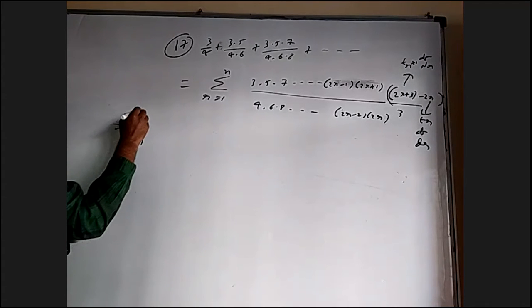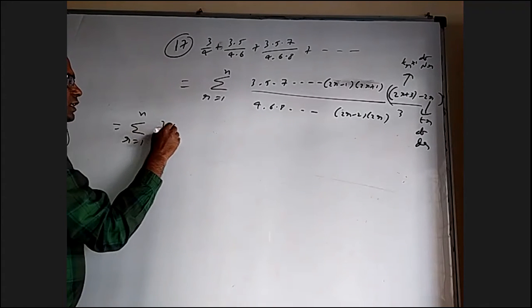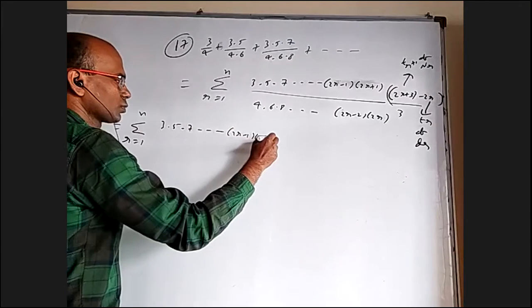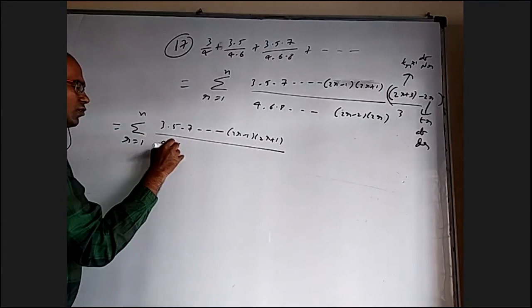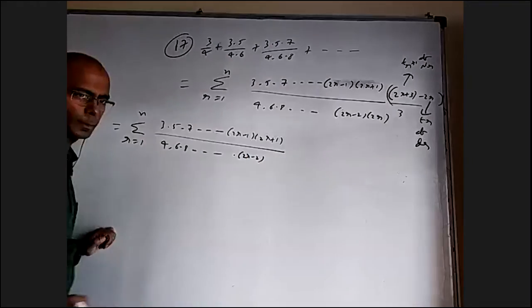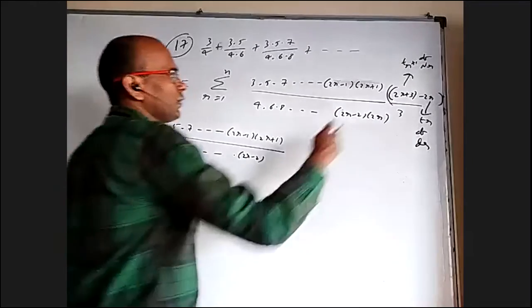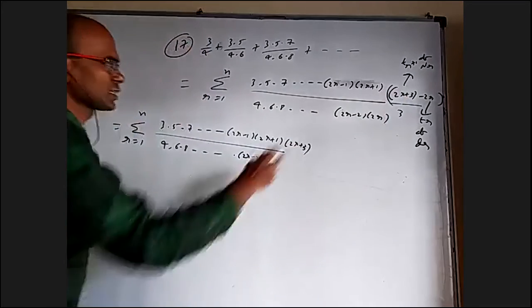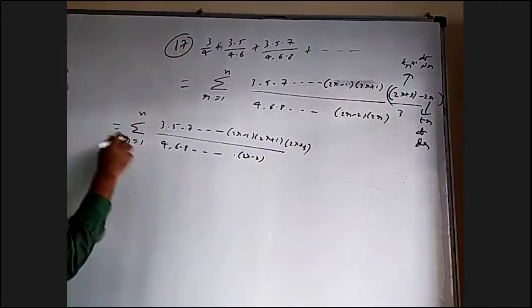Sigma r equal to 1 to n, 3 into 5 into 7 and so on up to 2r minus 1 into 2r plus 1, by 4 into 6 into 8 and so on up to 2r minus 2. When I write this, I will also get 2r plus 3. The denominator 3 I will write outside as 1 by 3.